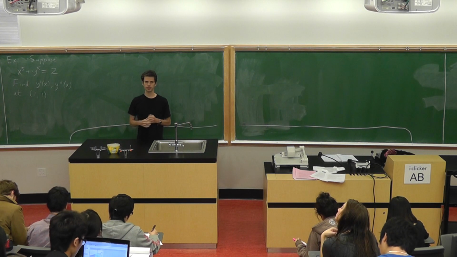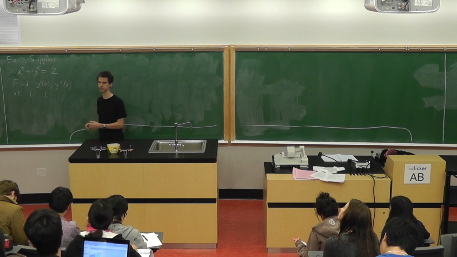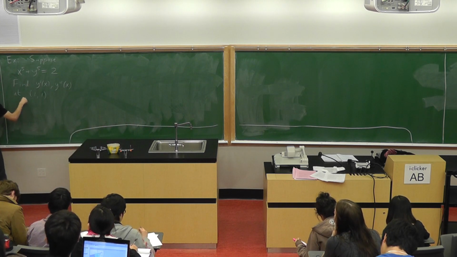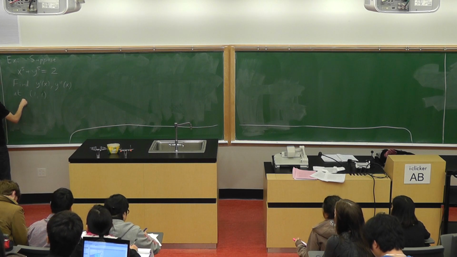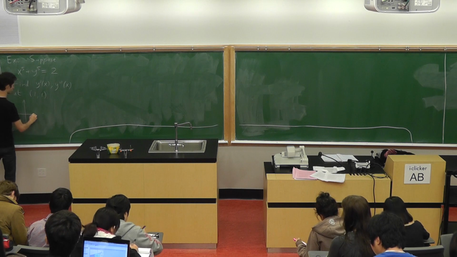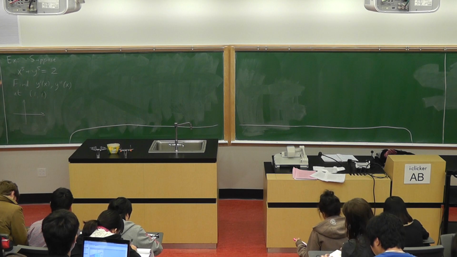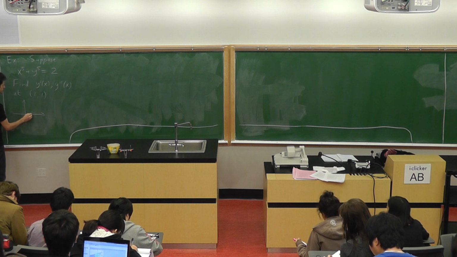Well, as we discussed last time, actually y is not really a function. If you want to know this curve, the curve defined by this equation looks somewhat like this.